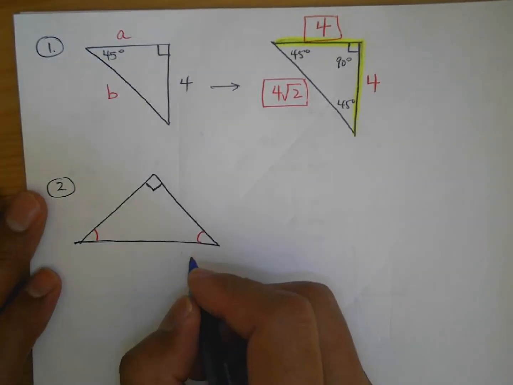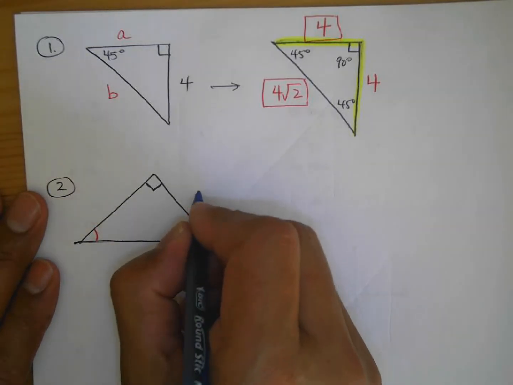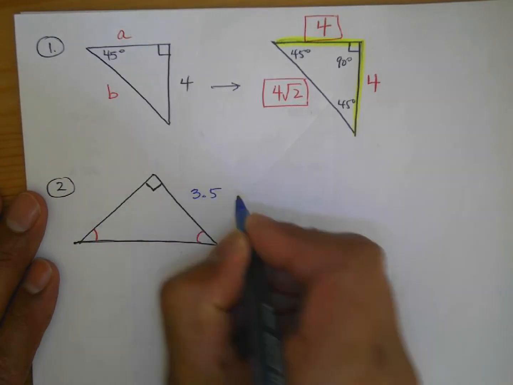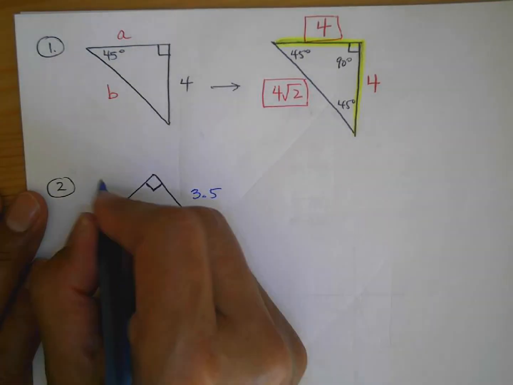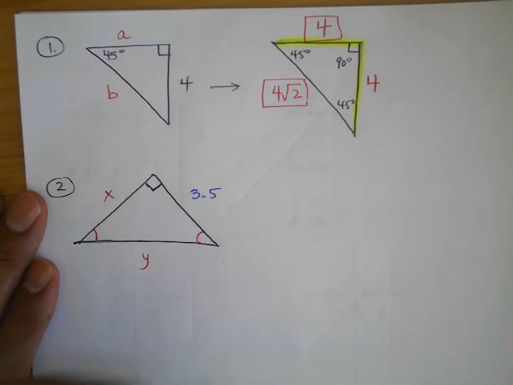And again, let's say this is 3.5, and this will be X and Y.